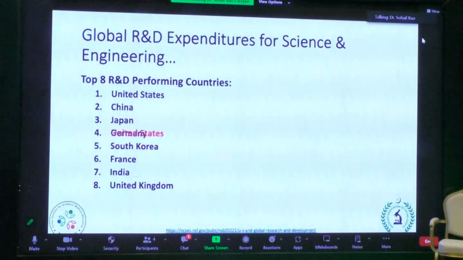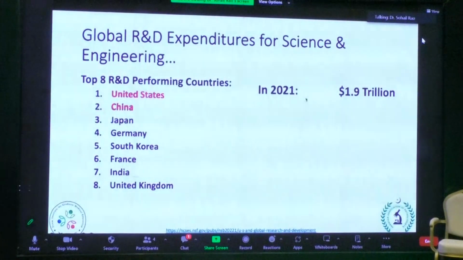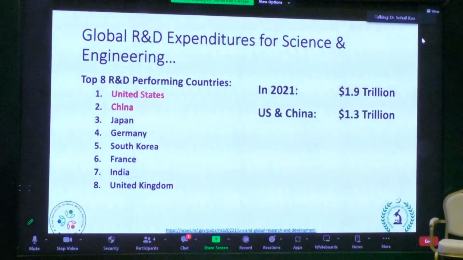The top two are the United States and China. The total funding in 2021 was about $1.9 trillion. I repeat, $1.9 trillion was the amount of funding for both science and engineering. And the United States and China had the major share, about $1.3 trillion.